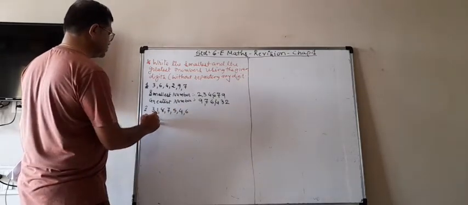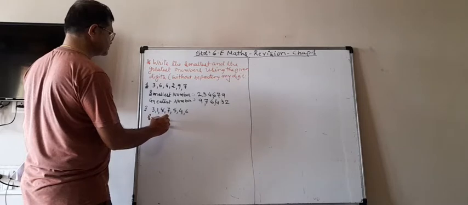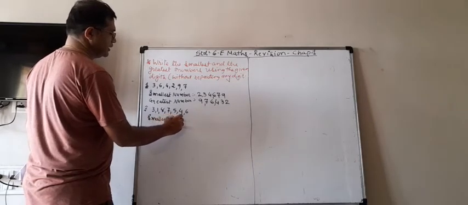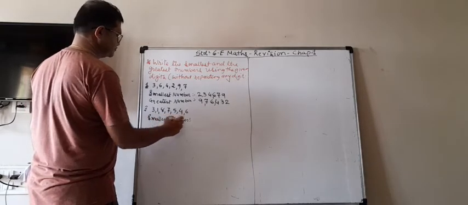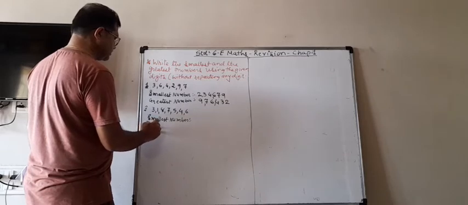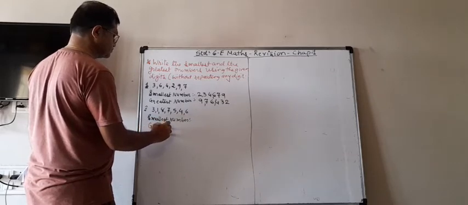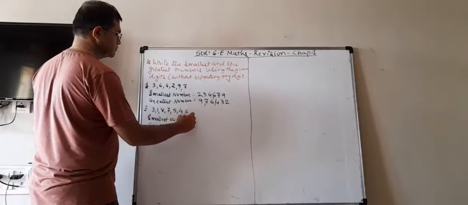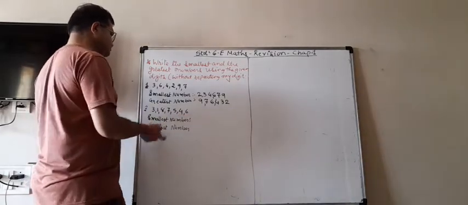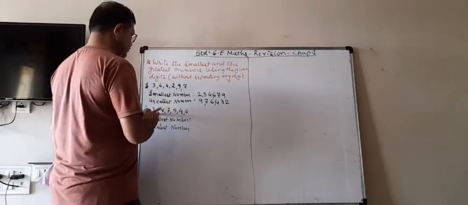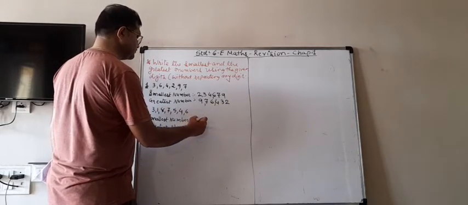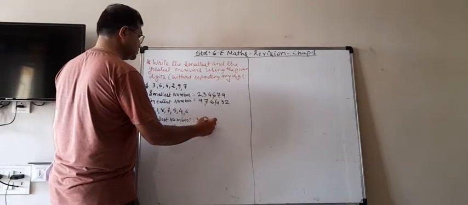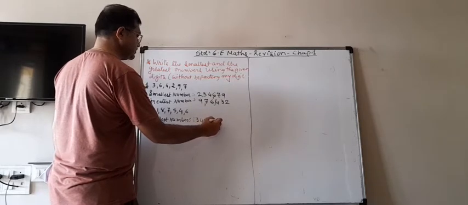So here we will write down the smallest number and then the greatest number. In the smallest, 1 is the smallest, then 3, 4, 5, 6, 7, 8.